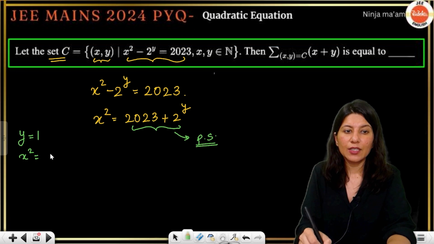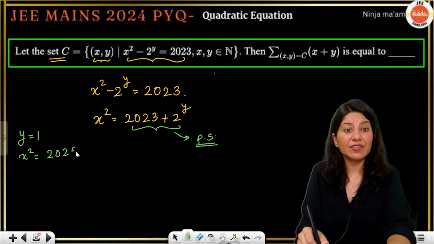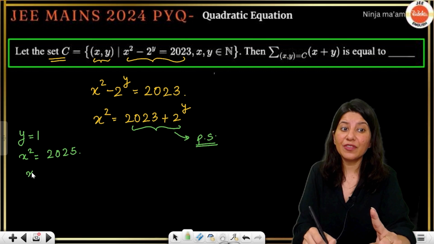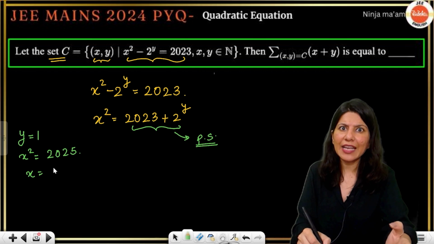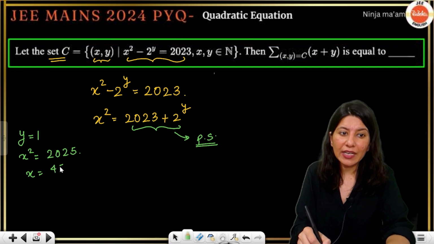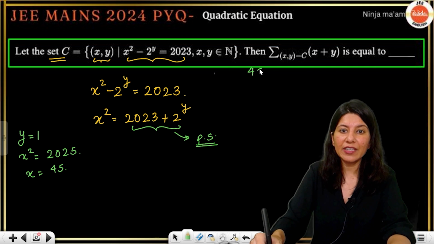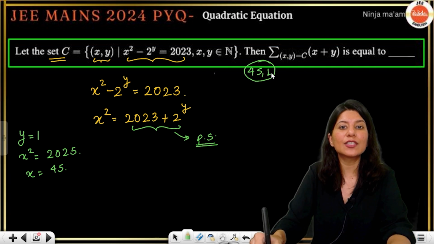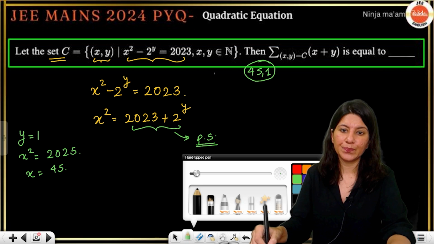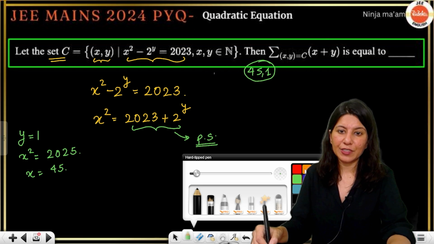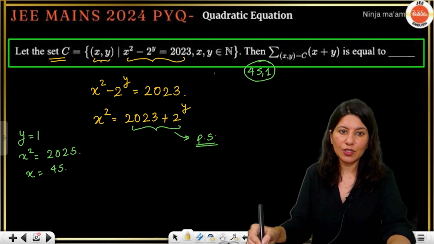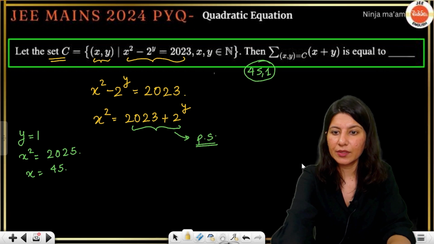Tell me. 2025. You can calculate the root as well. 45 square is actually 2025. So that means 45 comma 1 is one such ordered pair.